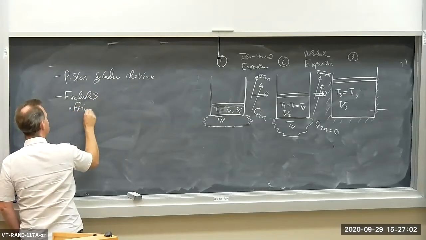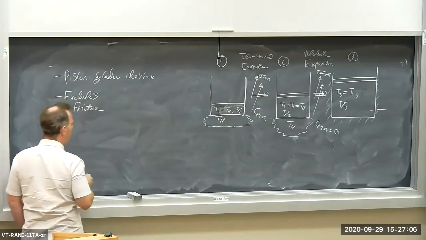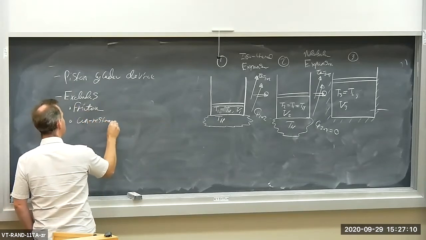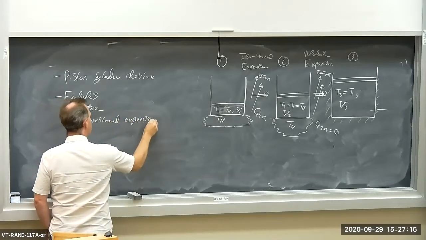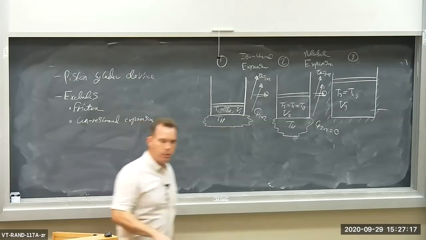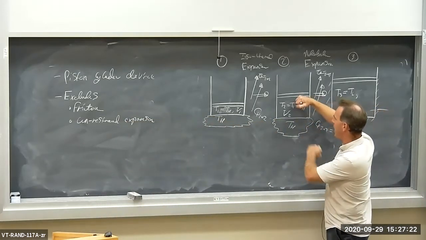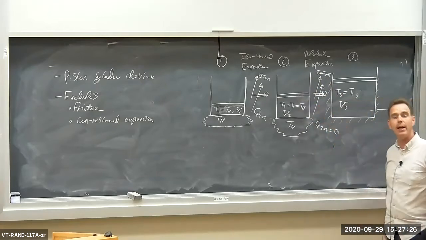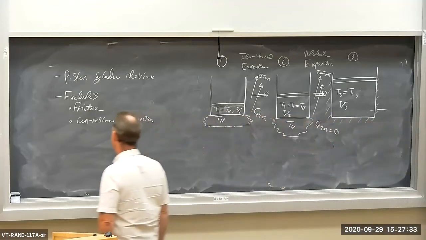Friction, unrestrained expansion. That means we're not jerking the piston up and down. If we jerk the piston up too fast, we'll form a partial vacuum up here, and that'll cause unrestrained expansion, okay? So it excludes unrestrained expansion.